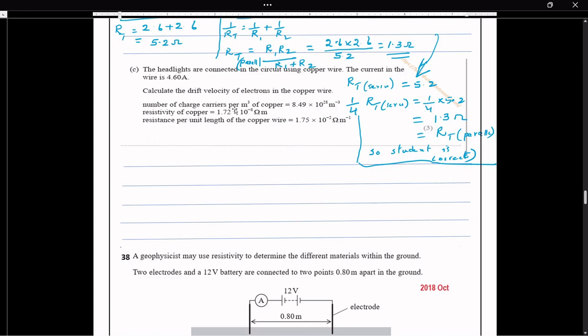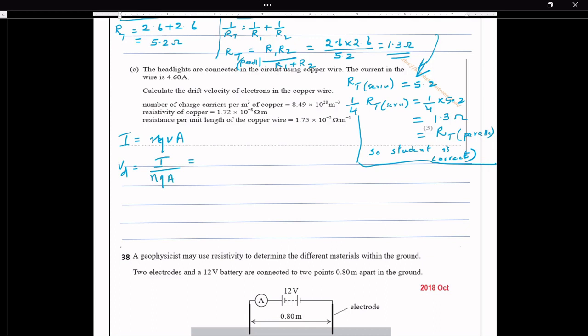So we have the relation relating all of them. I is equal to n, q, v and A. So v means vd, drift velocity. So drift velocity vd is I over n, q and A.